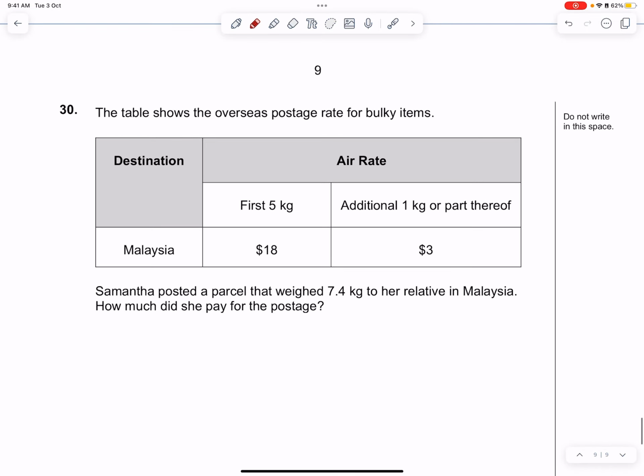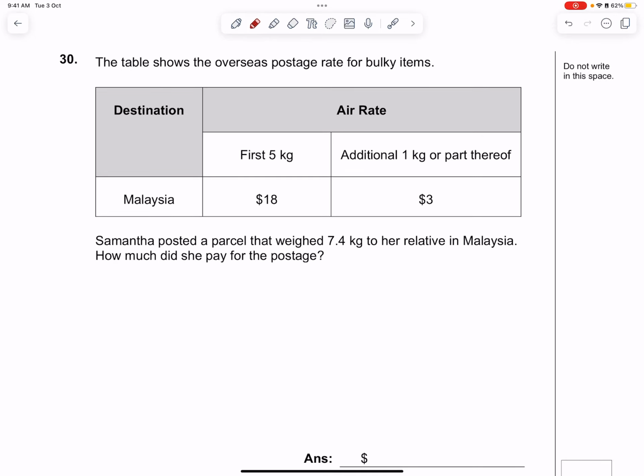Question 30. The table shows the overseas package postage rate for bulky items. First 5 kg, additional 1 kg or part after. What does part after mean? That means I don't care if it doesn't reach 1 kg. Even if it's just 0.1 kg, I am still going to charge you $3.